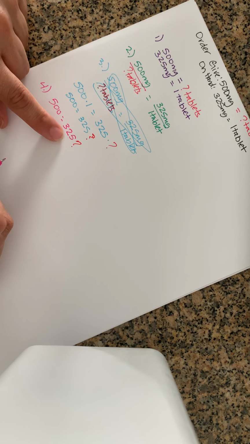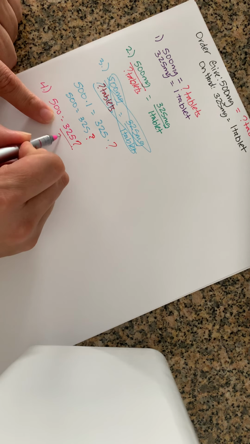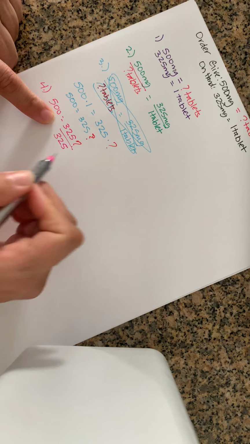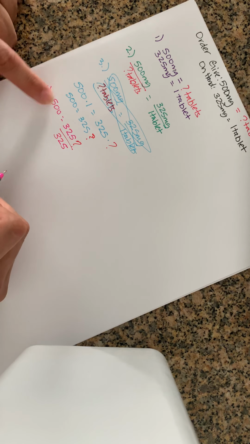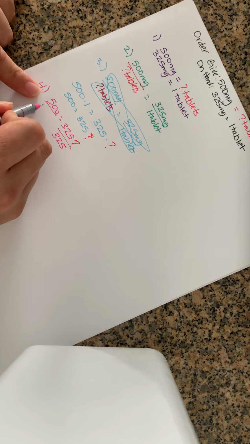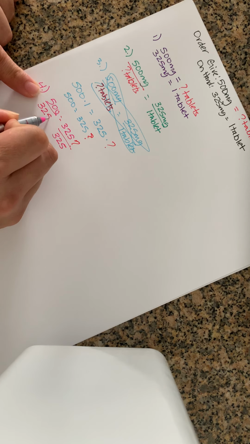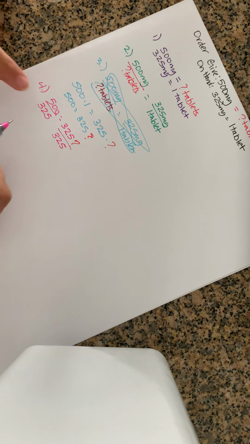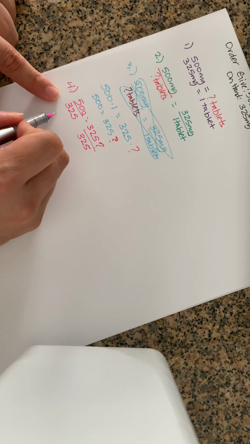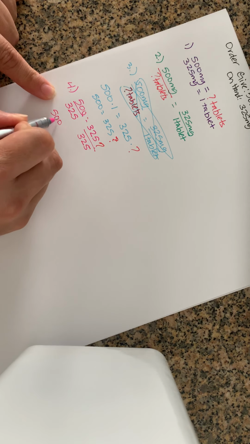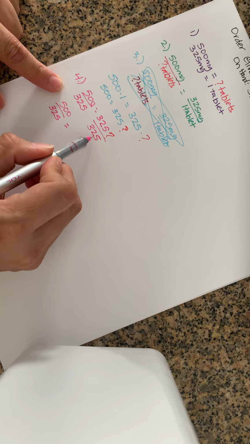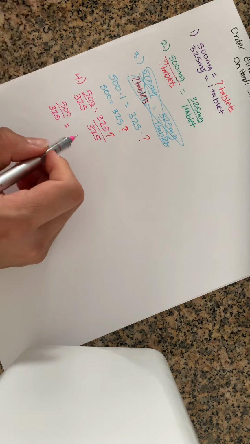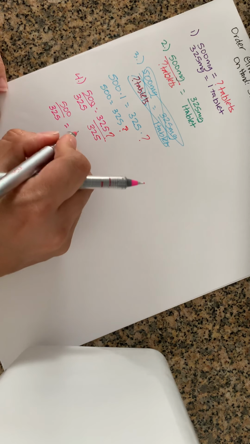So the opposite of multiplying is dividing. So I'm going to go ahead and divide this by 325. Because I did it on this side of the equal sign, I have to divide this side of the equal sign by 325. Rules of math. And then 500 divided by 325 equals, when we have 325 divided by 325, that gives us 1. So this equals question mark.